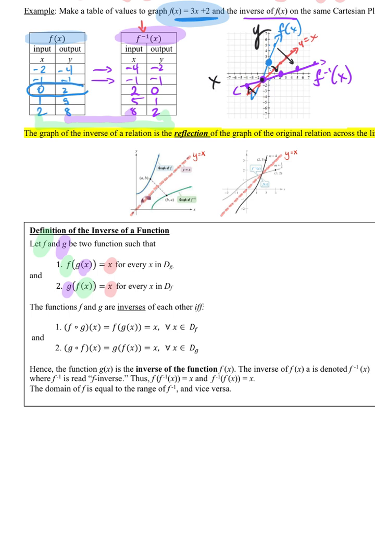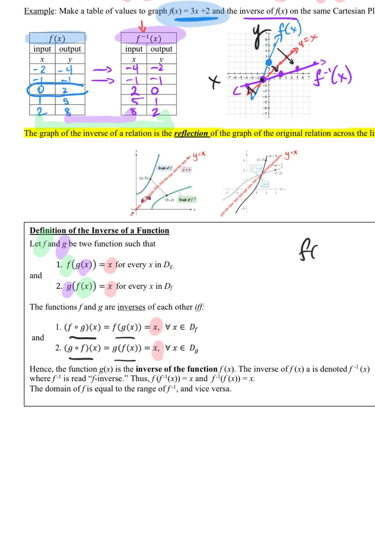Wow. Okay, so what is that saying in a nutshell? That's saying f composed with g, which can be written like that or this, and g composed with f, which can be written in that notation or this notation, both have to equal x.